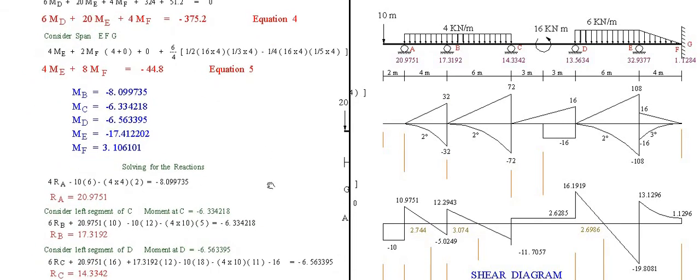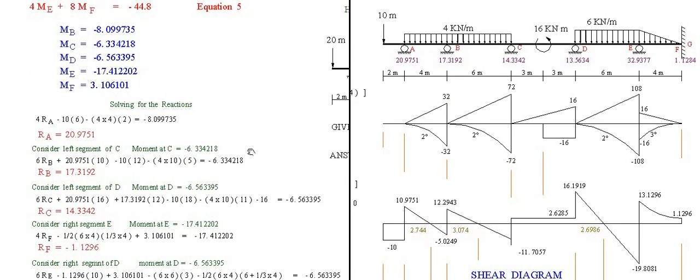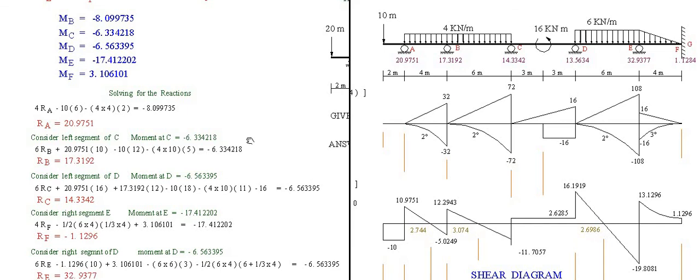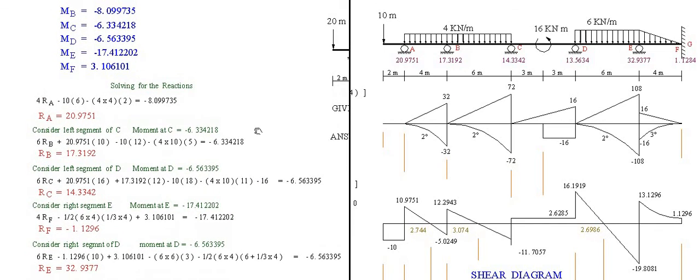Now solving for the reactions, we have now all the moments given. I want to solve RA. So cut section at B, just look on the left side of B. Moment at B here will appear as clockwise, -8099 here, -8099.